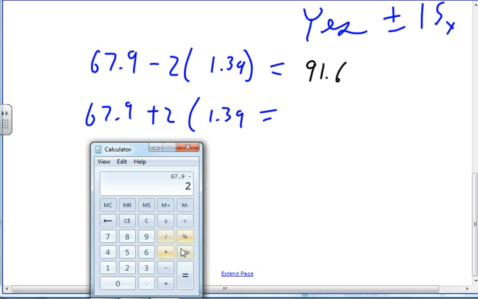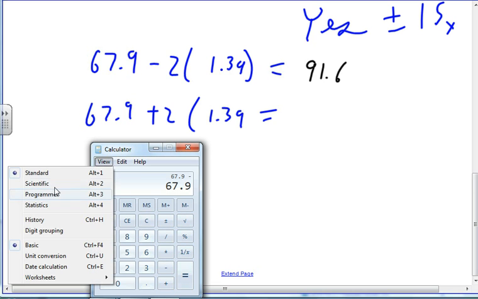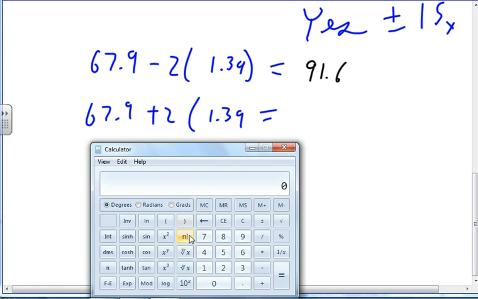Wow, am I ever hosed or what? Stupid calculator. Can't even do math. 67.9 minus, there's no parentheses. Scientific calculator.